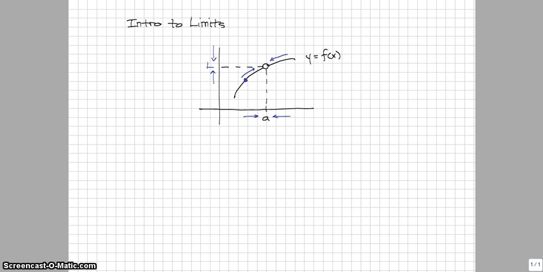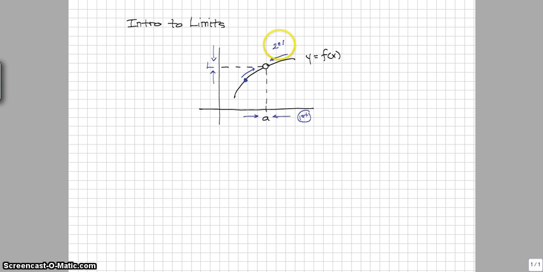If you don't already have a visual like this in your notes, now would be a good time to stop and make an addition. And for the most usefulness, we might want to label what we're thinking about doing. First, we're thinking about choosing values for inputs that are getting close to a.